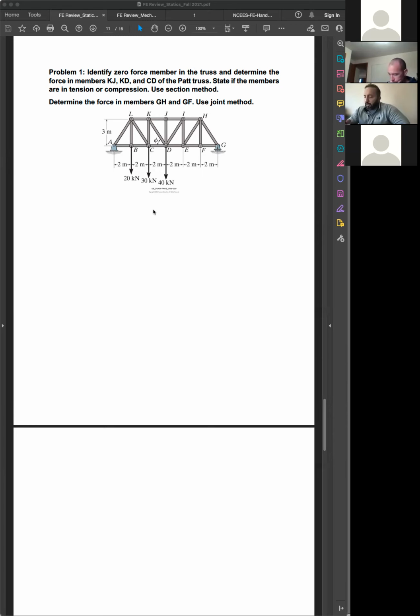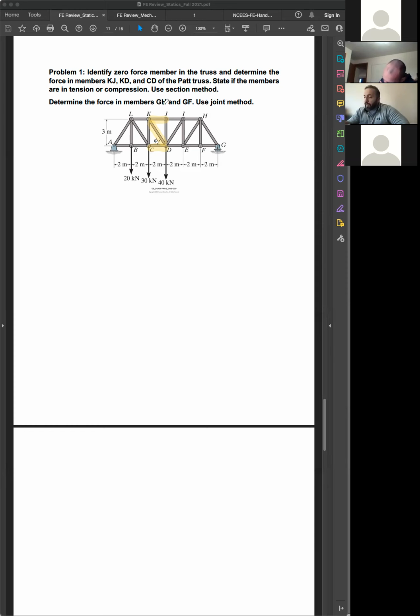So it says: identify the zero force members in the truss and determine the force in members KJ, KD, and CD of the Pratt truss, which is this type of truss.